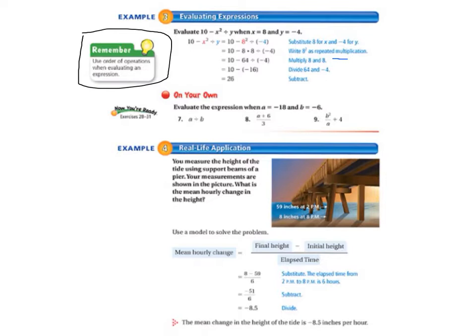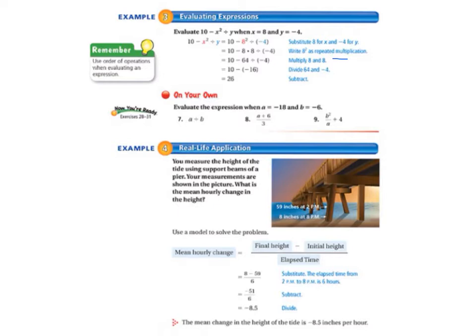And then finally we are going to do some division, and we're going to divide 64 and negative 4. So 64 and negative 4 have different signs. So it's a positive 64 divided by negative 4, so that gives us a negative 16.